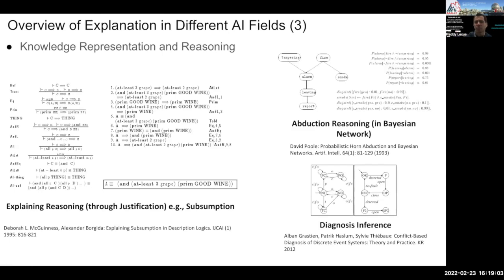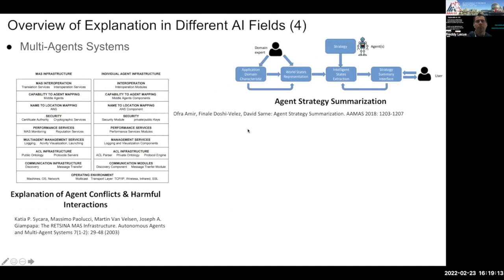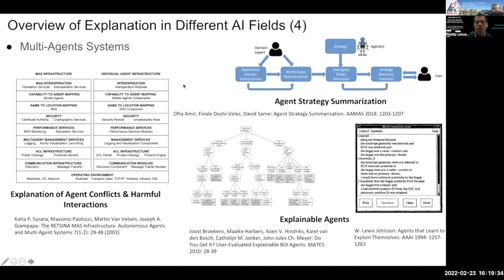They're very specific terms, but it's much more coming from a logic dimension. In multi-agent systems, there's also plenty of work on understanding how you end up with an equilibrium in the agent strategy in the environment. How did you end up with such a system where you have so many conflicts? Is there a way you can compute summarizations? There has been work on this particular topic, and also work on explainable agents.